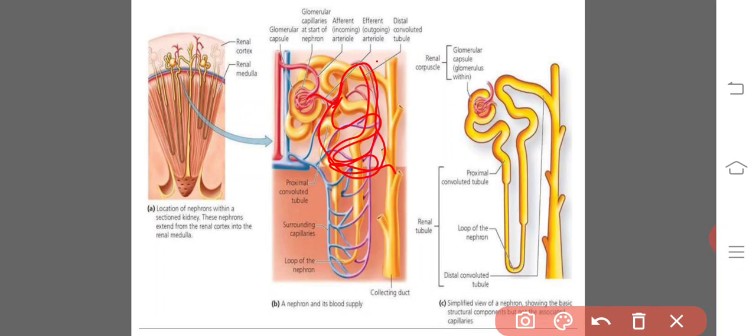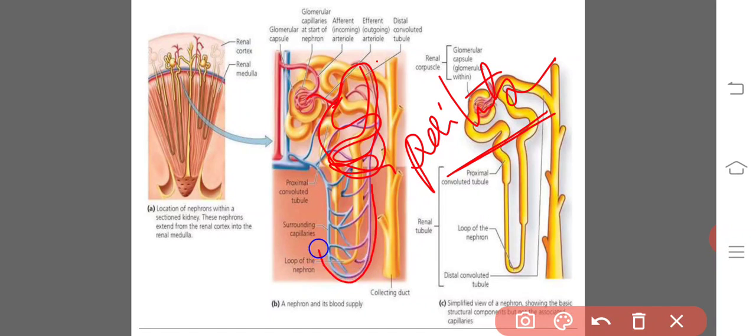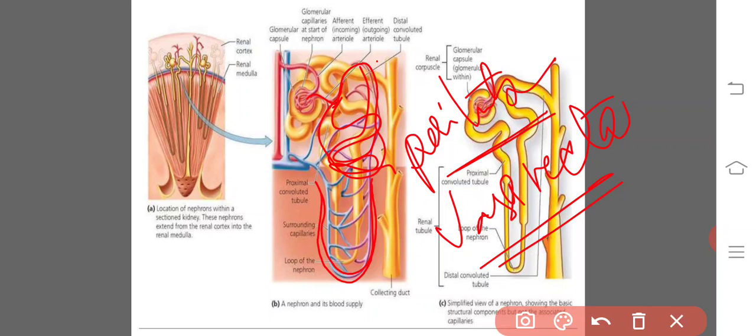These are known as the peritubular capillaries, or peritubular capillary network. And those arterioles which are present near the loop of Henle are known as the vasa recta. The vasa recta has a functional role in the counter current mechanism.